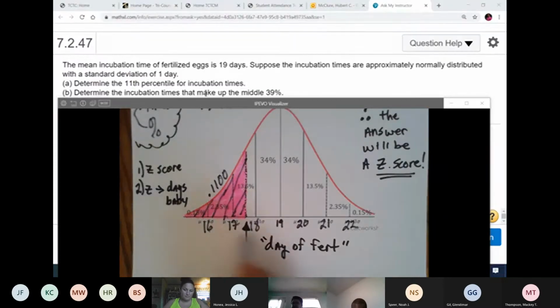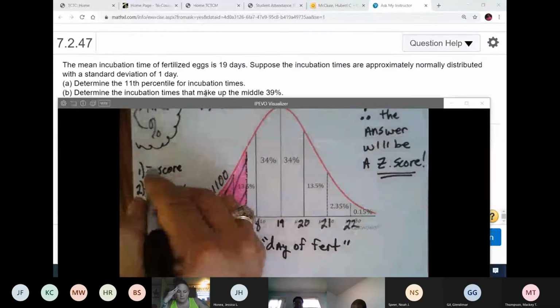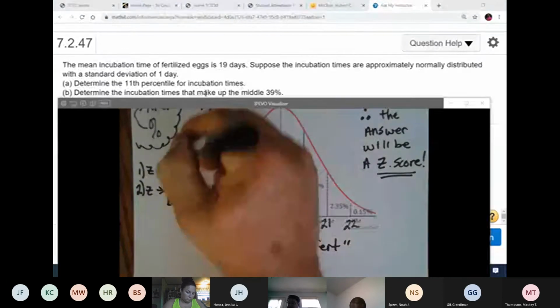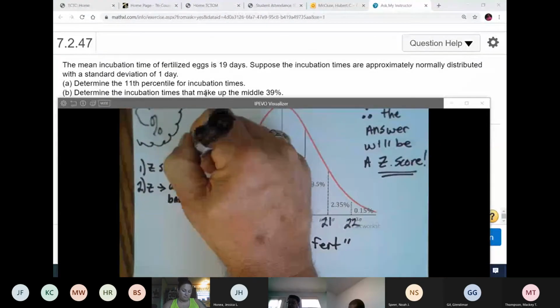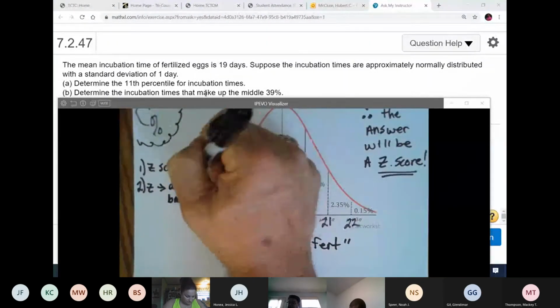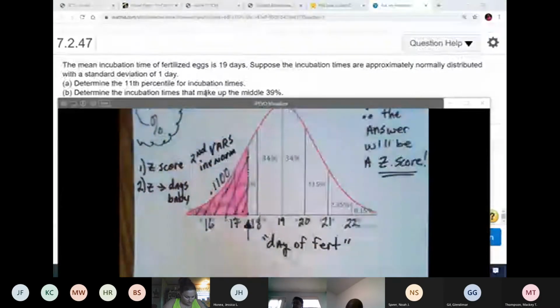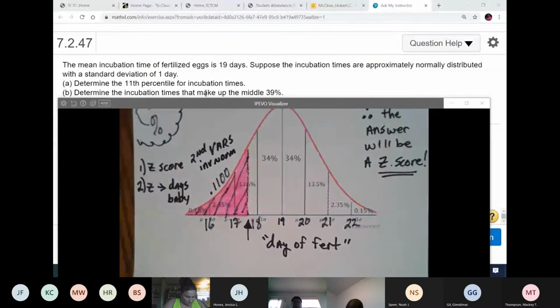All right, so let's conquer number 1 first. You ready? This is real simple. Second, vars, inverse norm.